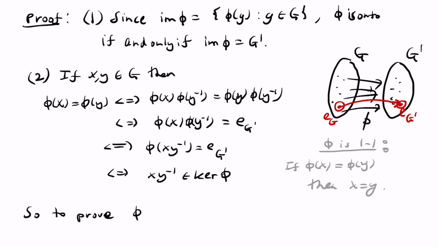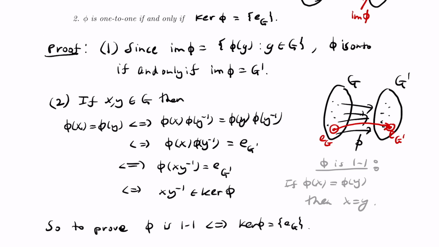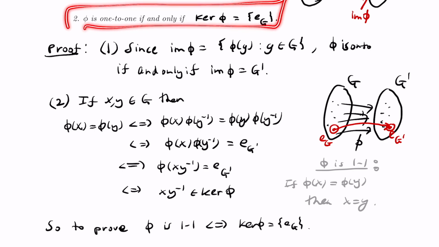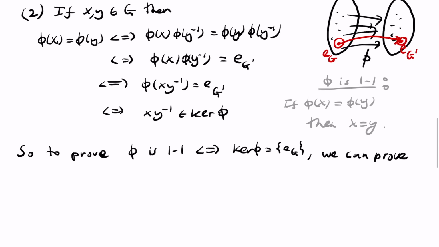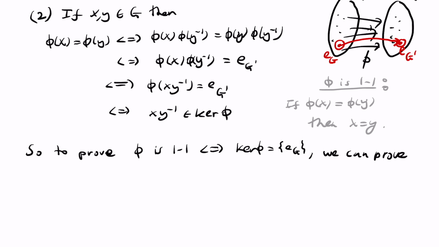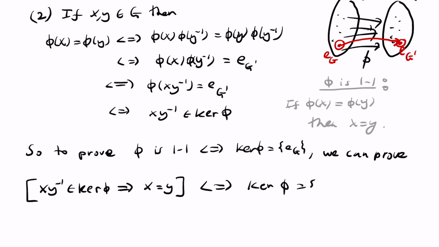To prove phi is 1-to-1 if and only if the kernel of phi is the identity, which is the thing we were trying to prove to begin with, we can prove that the condition x y inverse in the kernel of phi implies x equals y happens if and only if the kernel of phi is the identity in G.